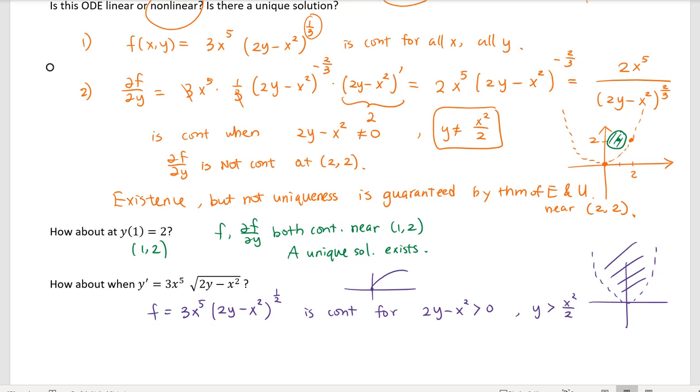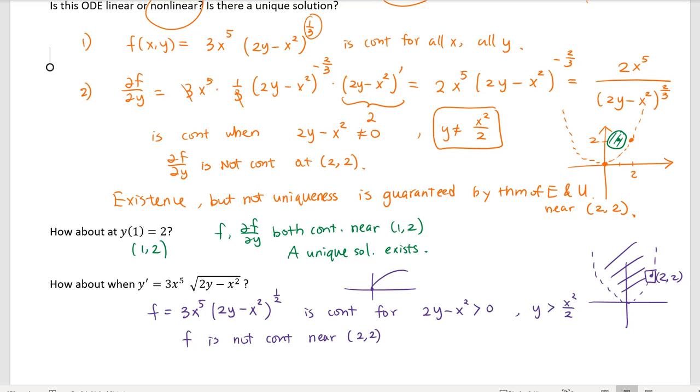Okay, so that's why at (2, 2), we cannot have f continuous on an open rectangle containing the point (2, 2). So f is not continuous near (2, 2).